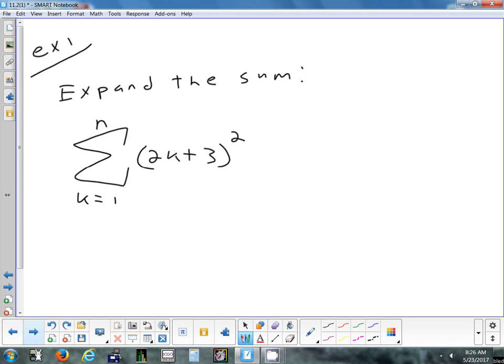Okay, this one, it's asking us to expand the sum, but it's asking us to go to n. So what we do for that is usually write out the first 3 or 4 terms, put a dot, dot, dot, and then put the nth term. Okay, first thing I want to ask, is this a finite sum or infinite? Infinite.